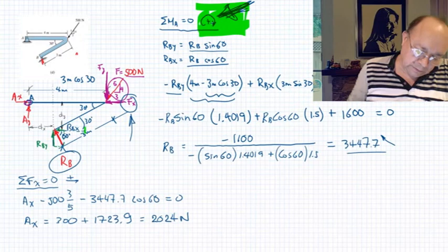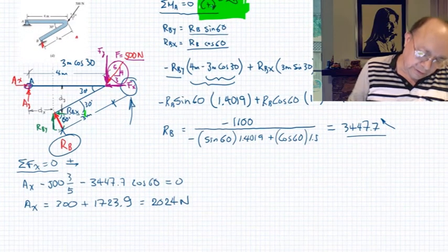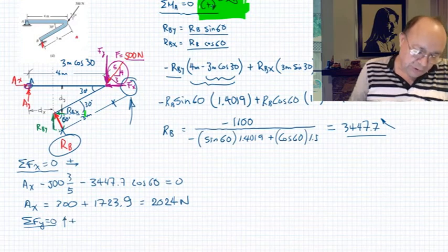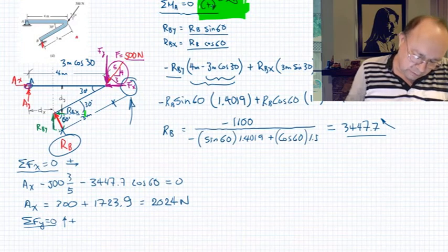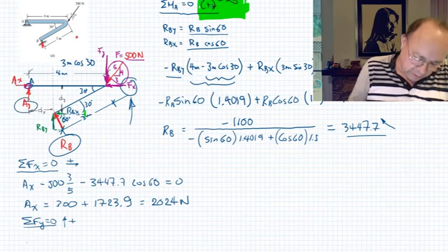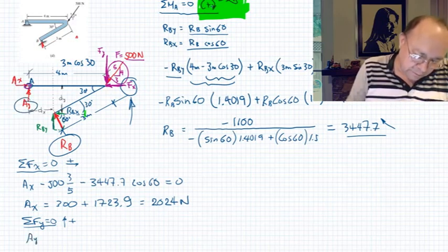All right. Now summation of forces in the y direction equals 0. Let's do positive going up. What forces go in the y direction? Ay goes in the y direction.